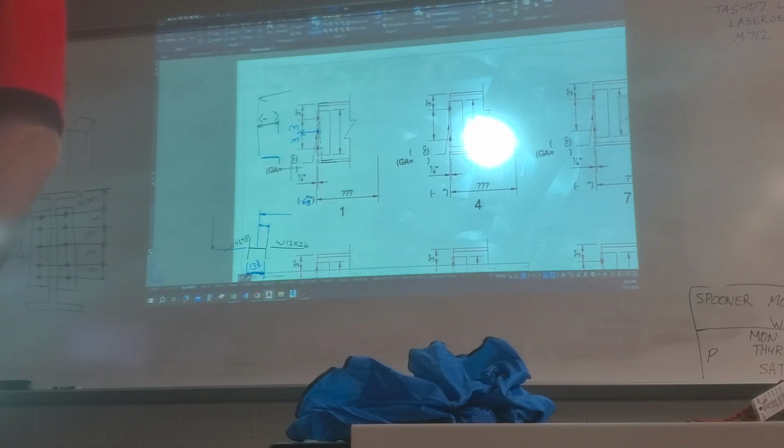So here in probably 2.5 weeks or so, when we start talking about having the first test, just covering stuff like this, this is the basis of it. We got to be able to look at that drawing and say, all right, this is what's happening. This is what I need to do. Do I need to add, subtract?